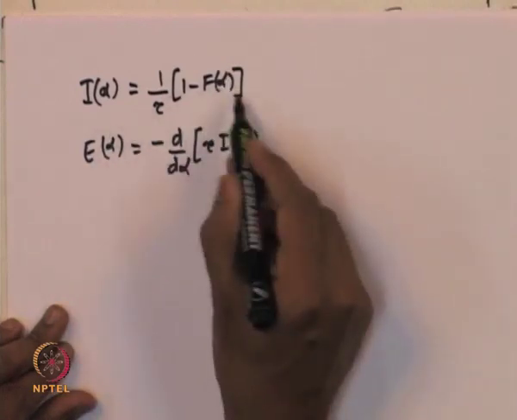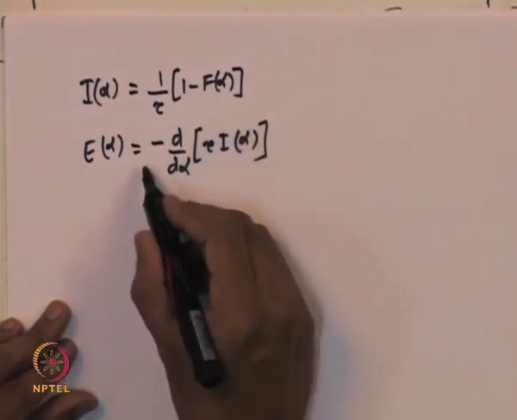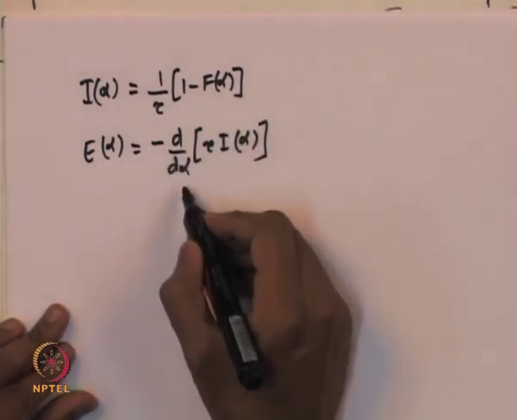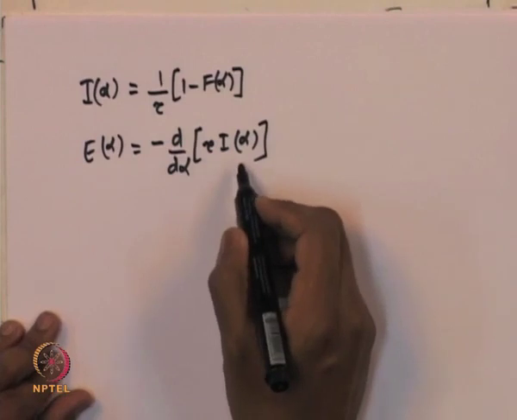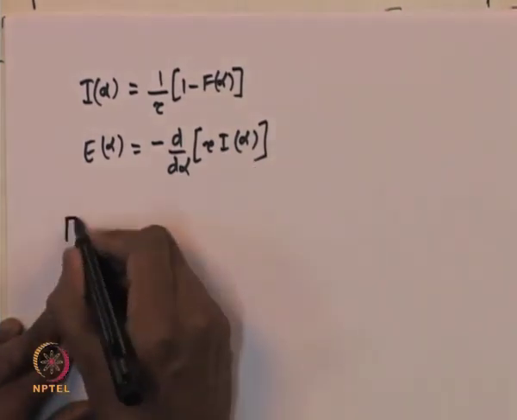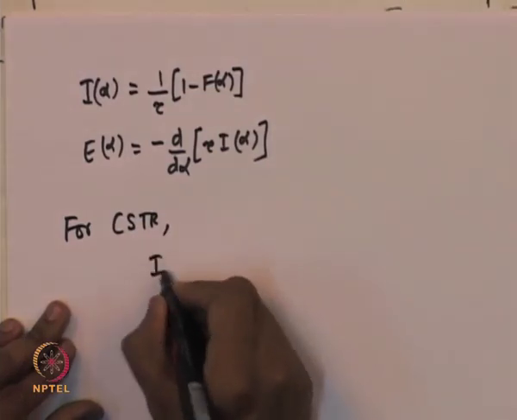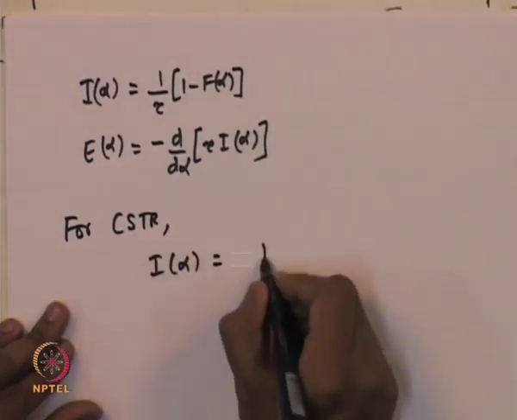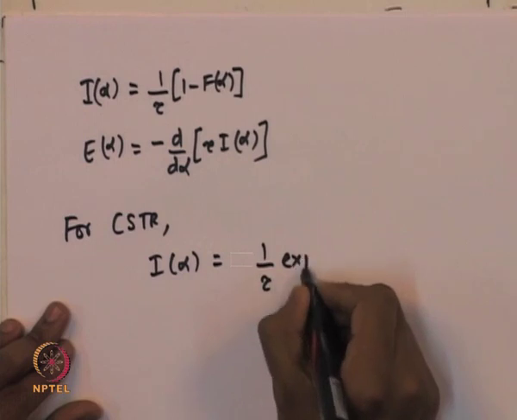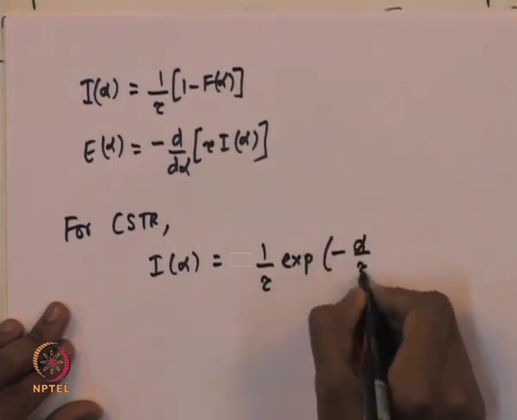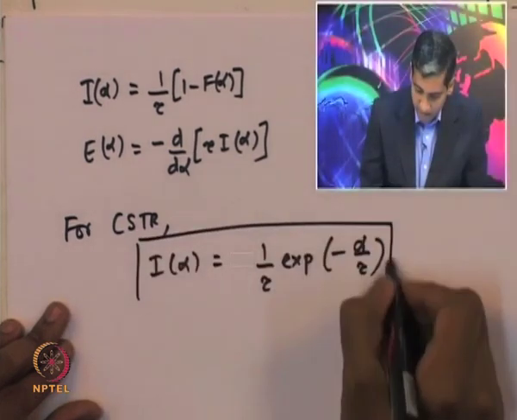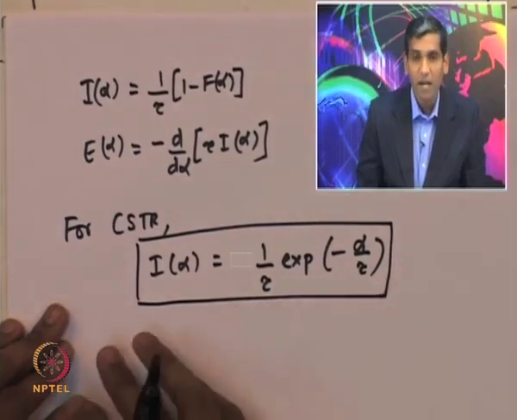So, the relationship between the E curve and the I curve is that E of alpha is minus d by d alpha into tau into I alpha. Now, for an ideal CSTR, I alpha is given by 1 by tau into exponential of minus alpha by tau. So, that is the internal age distribution for a CSTR.